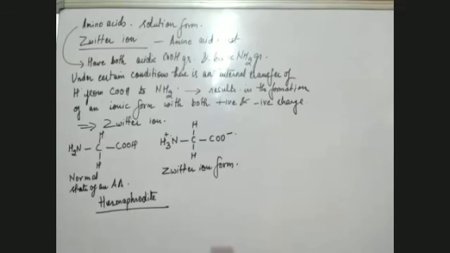Here, in the zwitterion, the positive and the negative charge are present in the same amino acid. So we call this a hermaphrodite species of amino acid. This is a hermaphrodite type of an amino acid.